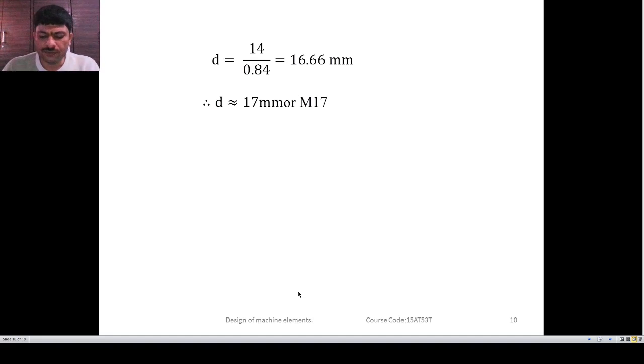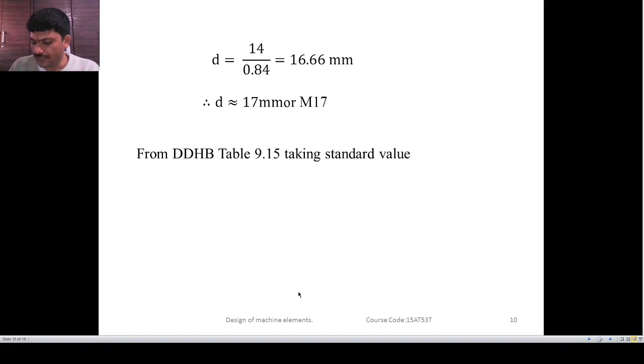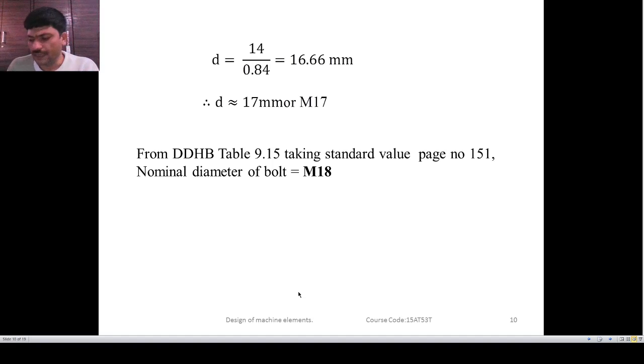Otherwise you can use the design data book, table number 9.15. There, open for M14, and here also we get nearly the same, that is M18. This is the value we get from the design data book.